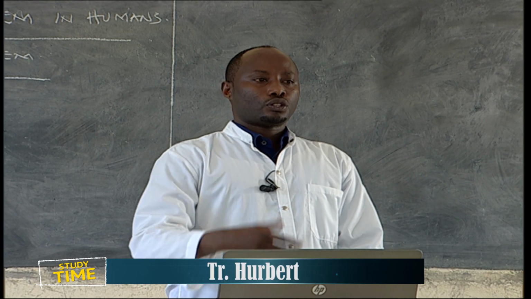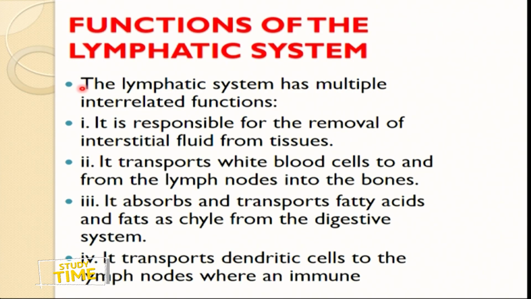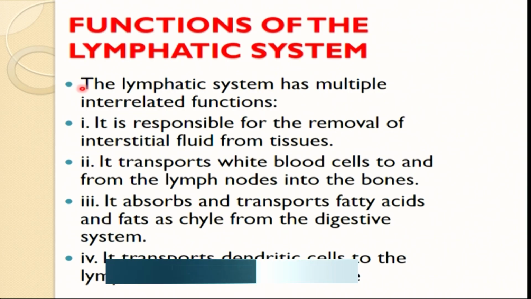Now the functions of the lymphatic system. The lymphatic system has multiple interacting functions. One, it removes interstitial fluid from the tissues, as I mentioned. It transports white blood cells from lymph nodes. It also absorbs and transports fats and chyle from the digestive system.